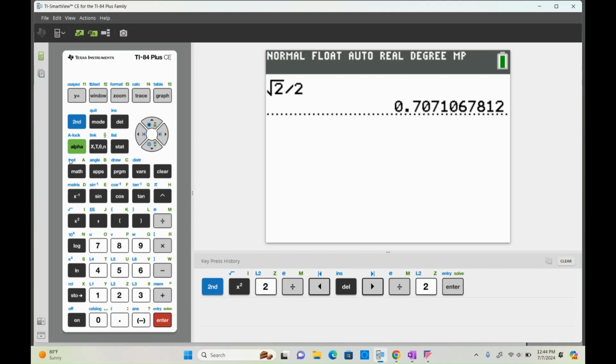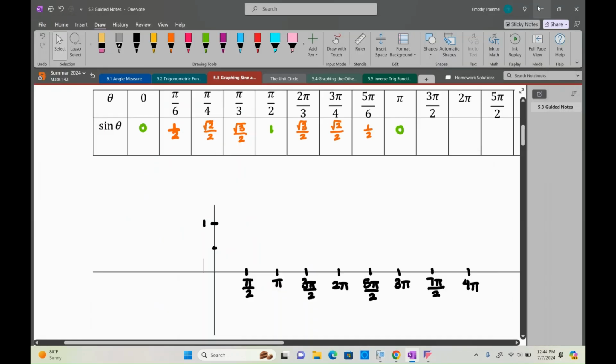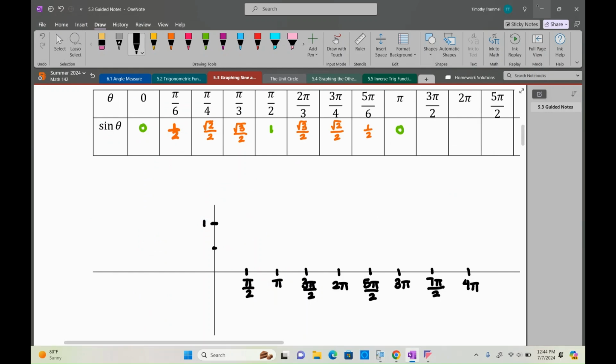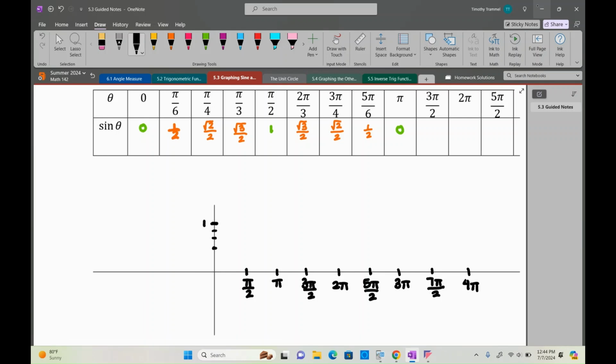And while we're at it, let's also find the square root of 3 over 2. Those were the other two values that were popping up. So we have about 0.7 and about 0.85 roughly. Let's try to find where we think 0.7 would be, say somewhere in here. And then that 0.86 or so is probably somewhere in there. Just eyeballing this does not have to be perfect.